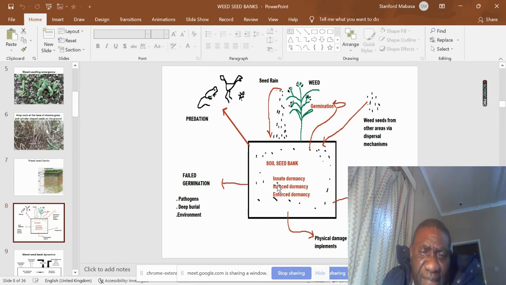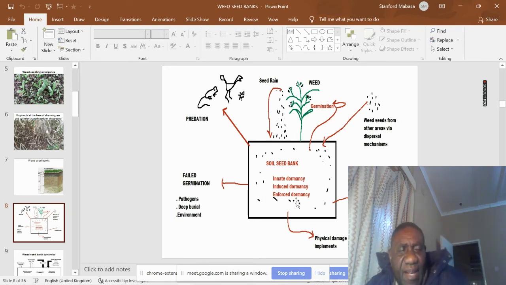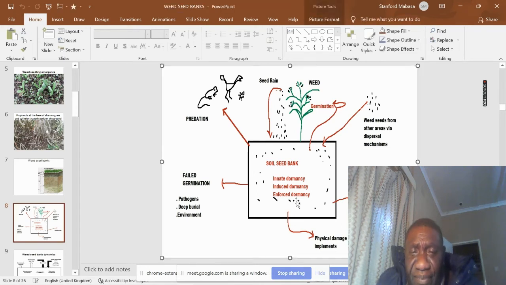We have the seeds which could be in an innate dormancy state, induced dormancy, or enforced dormancy. They have to exist in one of those forms. Now, let us look at processes which can withdraw seeds from the seed bank.